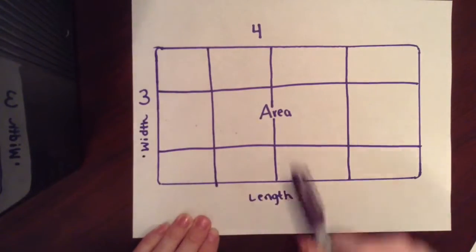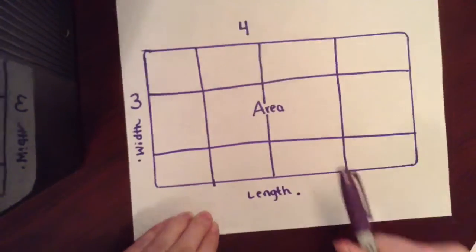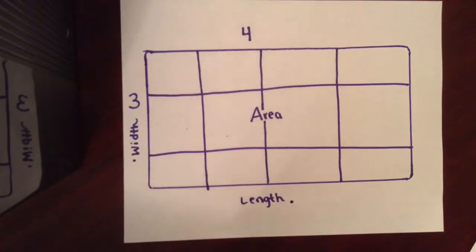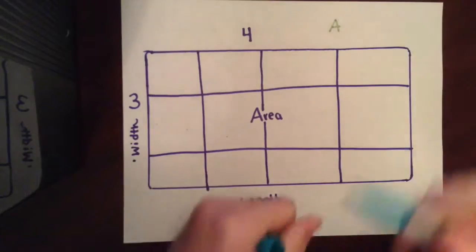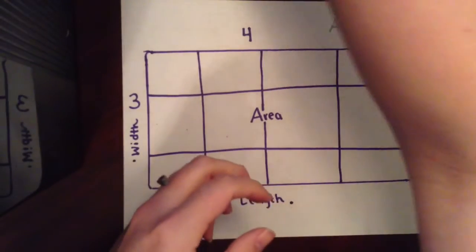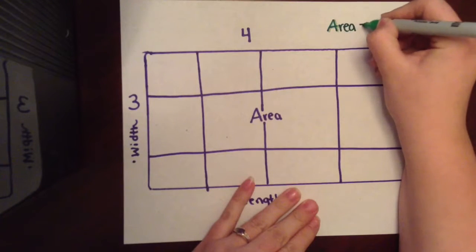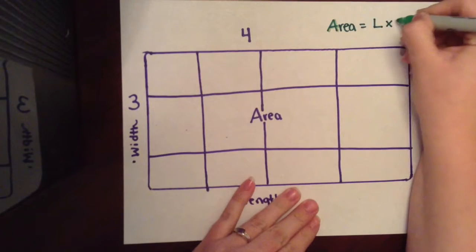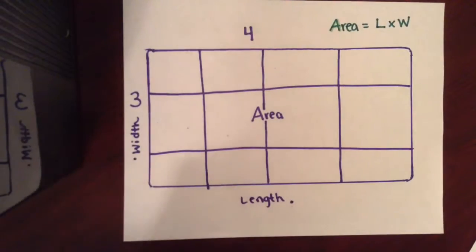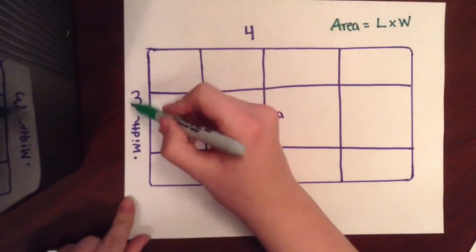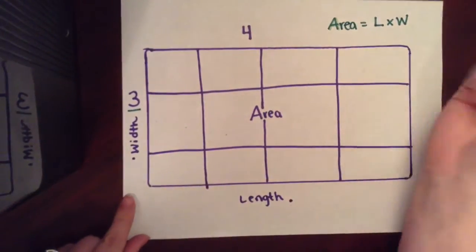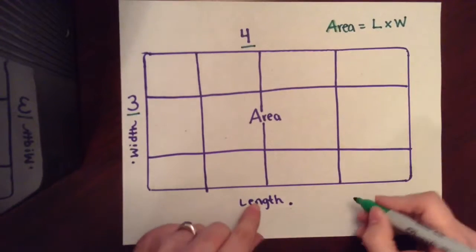Width times length gives us area, the number of square units inside, which means that the formula we're going to give our students is area equals length times width.